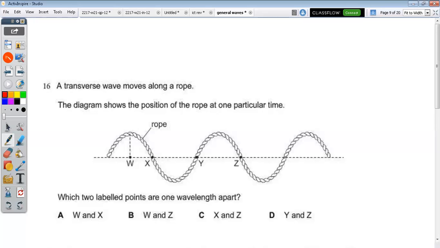I'm not sure why you guys are quiet. Which points are one wavelength apart? I thought that was actually very easy. You did not even take time to think about it. Which points are one wavelength apart? You can check your answers.